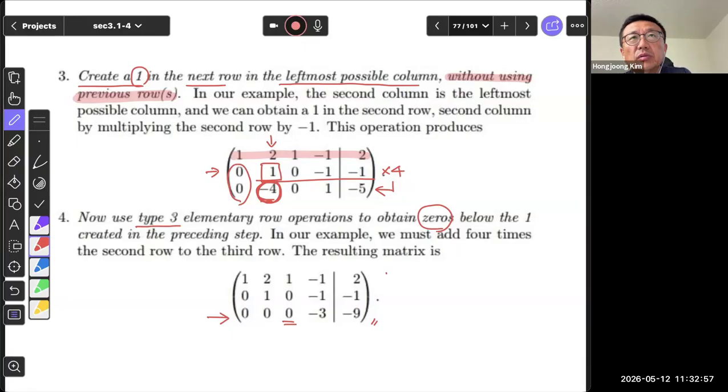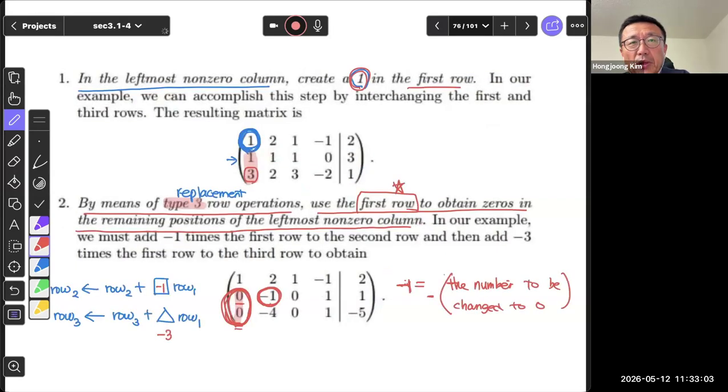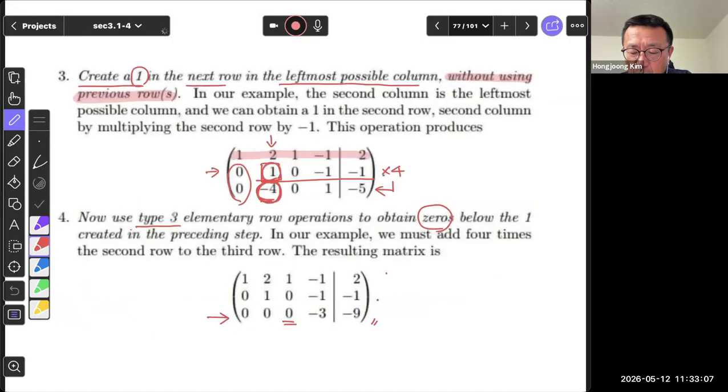In the second row, you create 1. Previously I had -1, so I multiply by -1 to change this -1 to 1. Then, since the first row is hidden, I do not play with the first row.